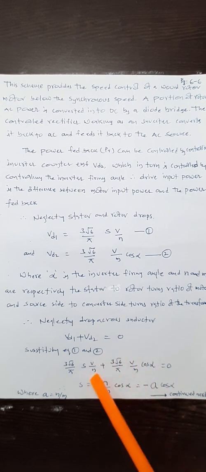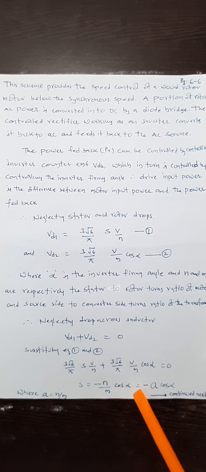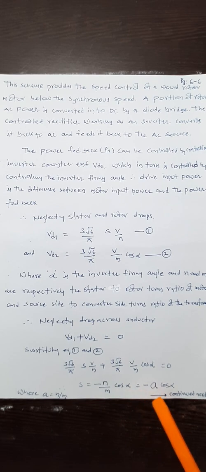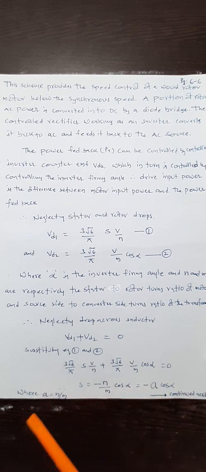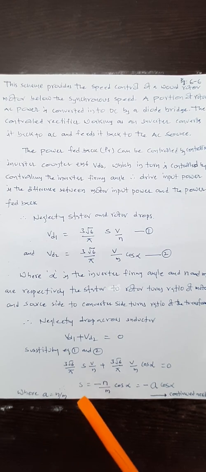Simplifying this equation, S is equal to minus N by M cos alpha, and this can also be written as minus A cos alpha, where A is N by M.